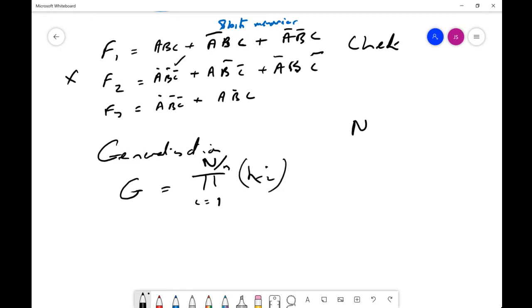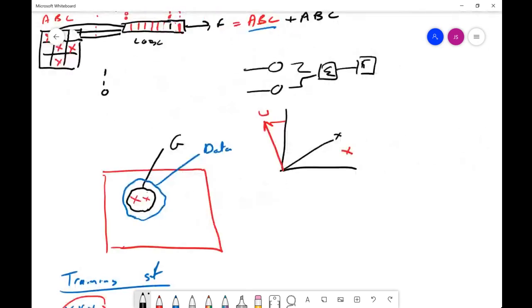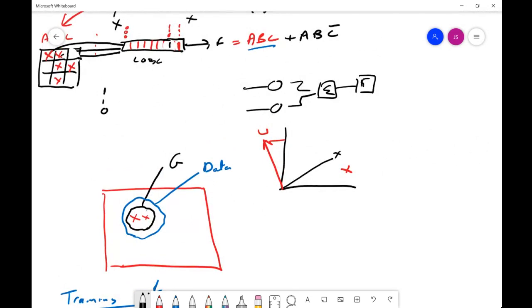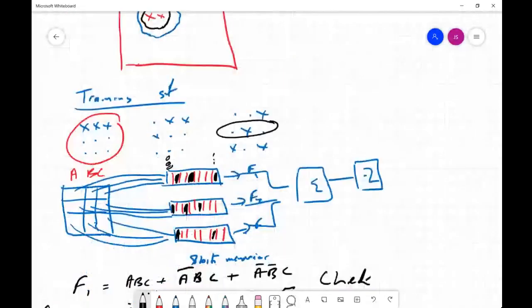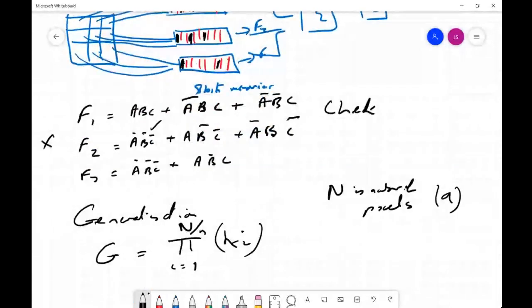N is the number of pixels, and in this case, it is 9. There they are, 1, 2, 3, 4, 5, 6, 7, 8, 9. Little n is the sample size, the n-tuple size, and this is 3 because we're taking 3 points to each function.